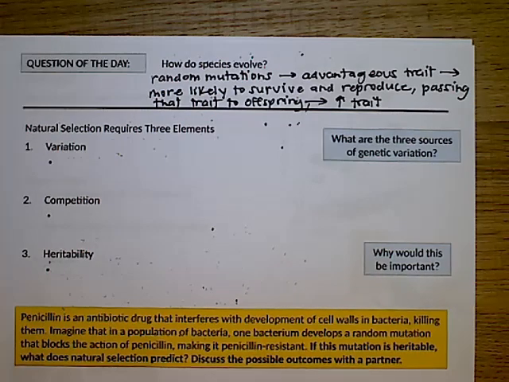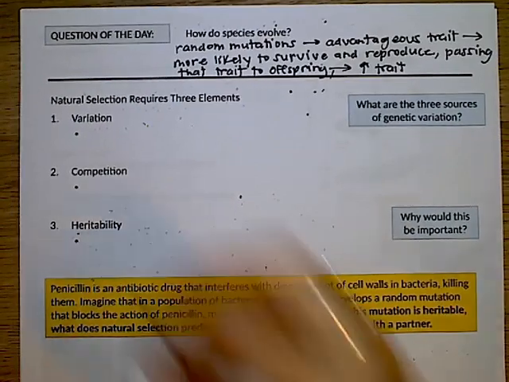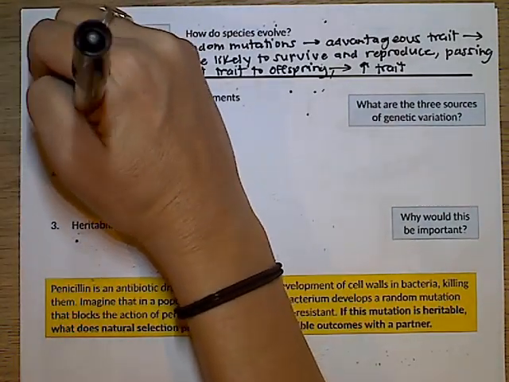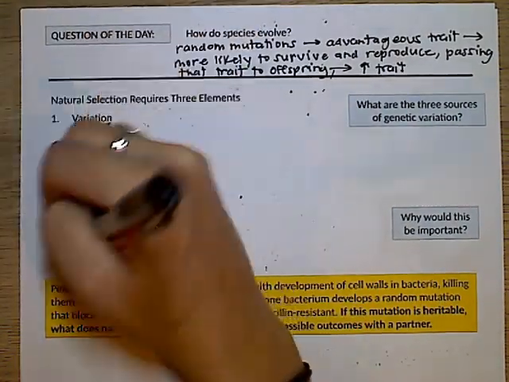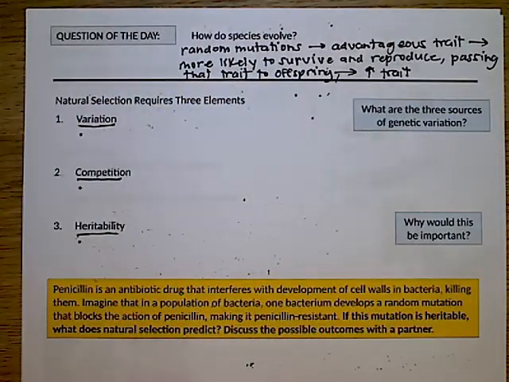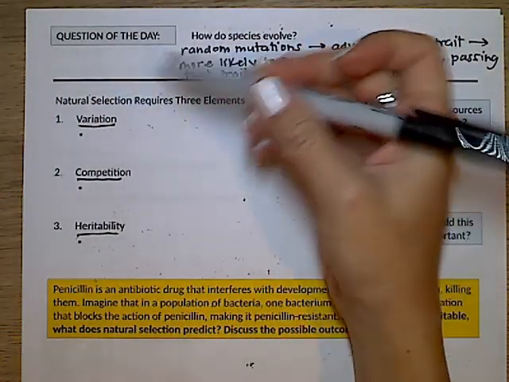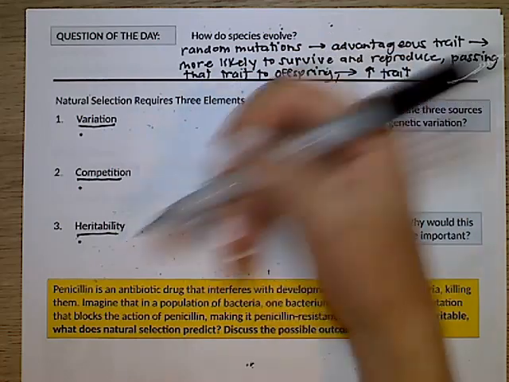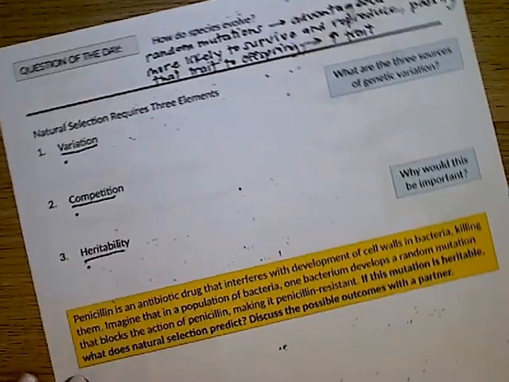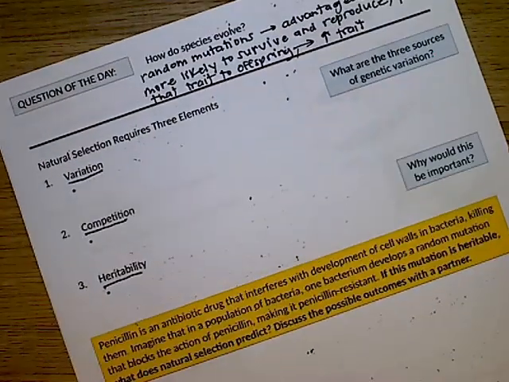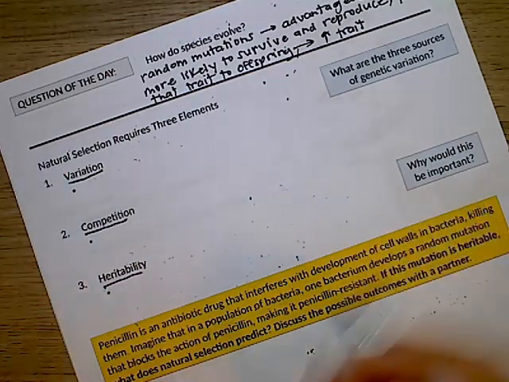So natural selection is going to require 3 elements, and for the exam, you need to know what they are. You don't necessarily need to know the definitions, but know that there needs to be variation, competition, and heritability. So what variation means, if there's a variety of things, you have a lot of options, we'll say.